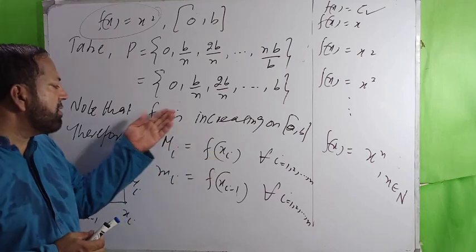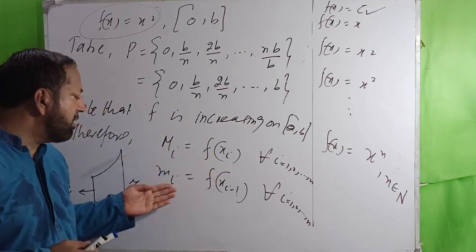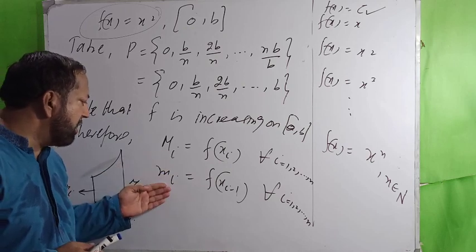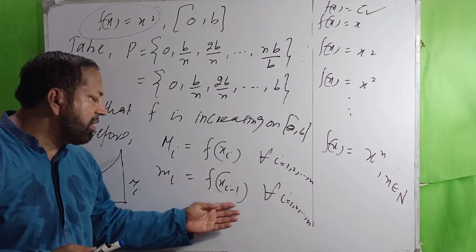So corresponding to every subinterval, the maximum value is at the ending point, and the minimum value or infimum is at the starting point.